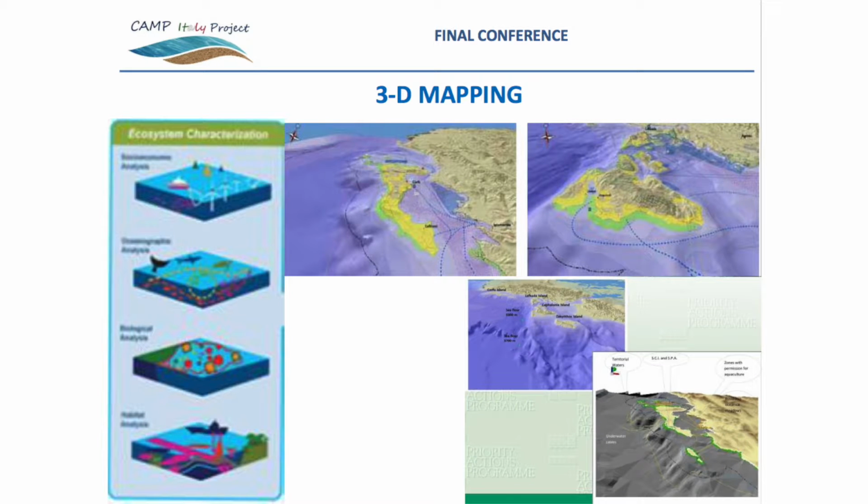We made some mapping for our islands to see which is the situation. Now, something important here is that high-tech costs. So we tried to use not costly technical tools, which means open tools, which are free for this kind of mapping, because it's not only a question of using these tools in European countries, we also have to think about the third countries in the Mediterranean and the costs involved.